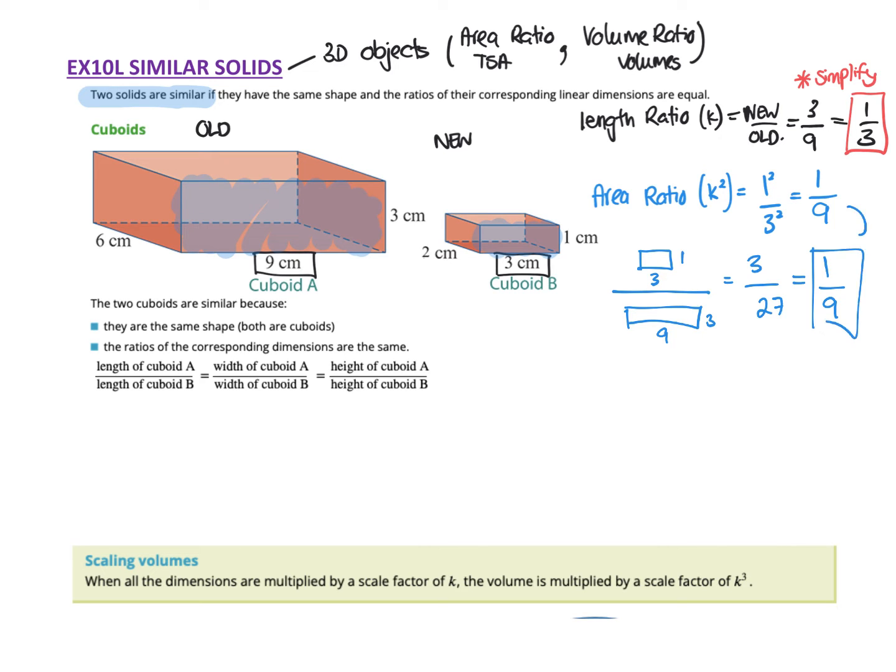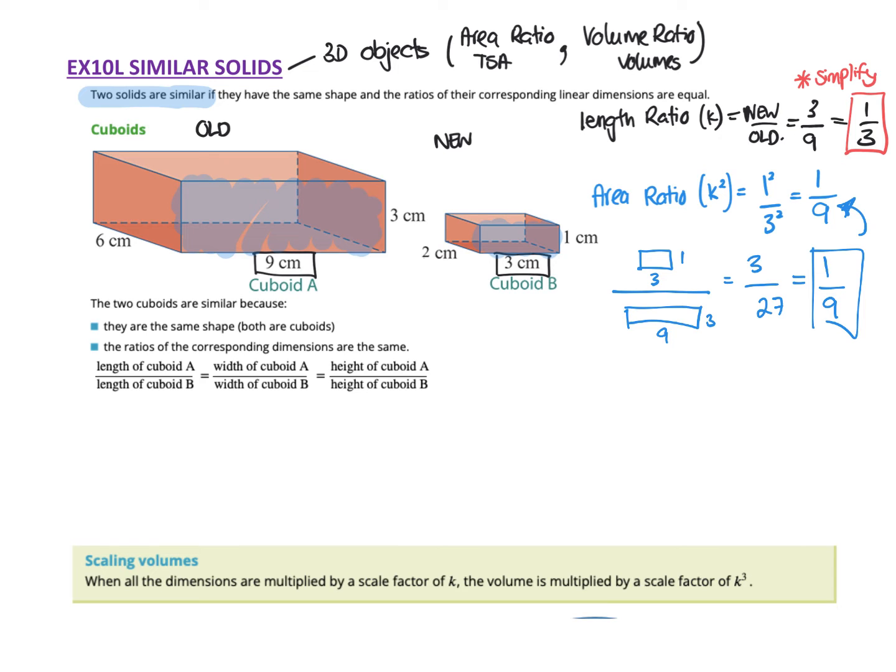We do get that area ratio, don't we? So we know we can use that. Even if you found the whole total surface area, the new object's will be 1/9 of the original. Sometimes they give us one and we have to work out the other.